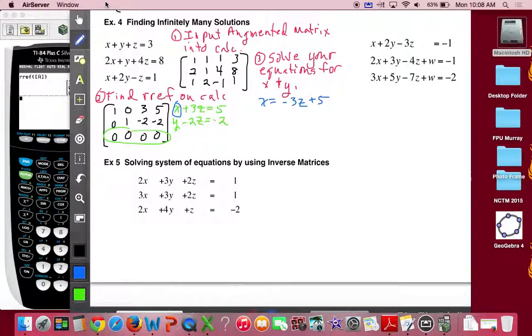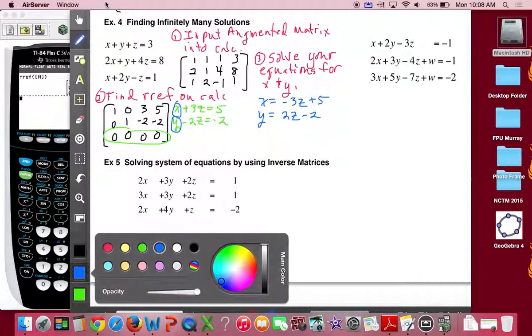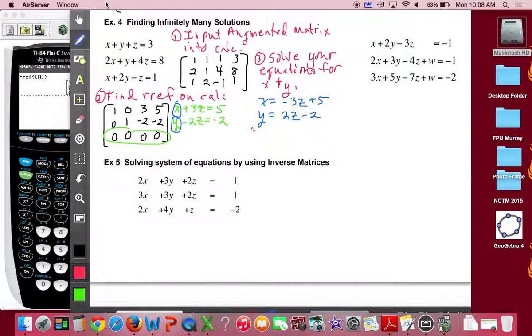So for y, you're going to get the y by itself. So y equals what? 2z minus 2. So your x, your y, and your z for your solution are all going to be in terms of z. It's an open solution. So your answer, your solution is this.